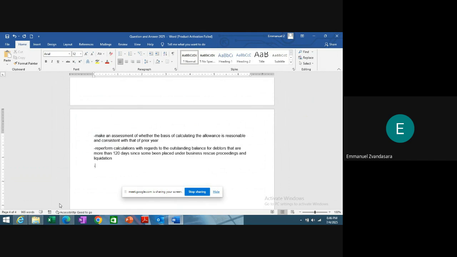Okay. Reperform the aging of debtors by selecting a small sample of debtors and trace the old amounts back to the source document.